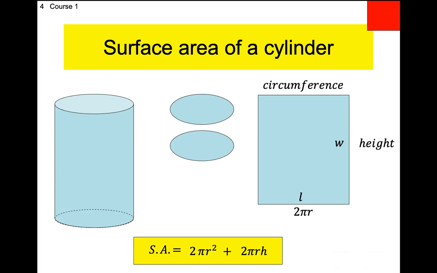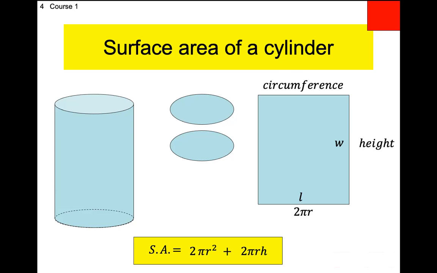What you're really doing is length times width of this rectangle. Then do you add the area of the 2 circles? What does it say to do? Add the area of the circles? Yes. And that's what the formula says.